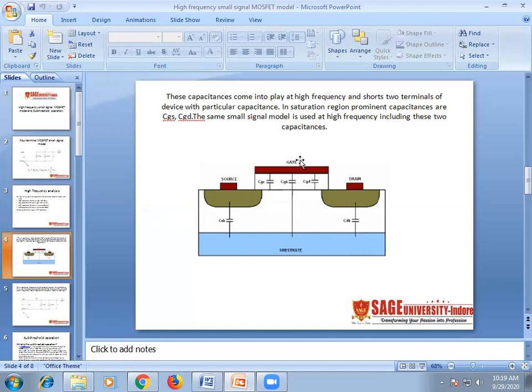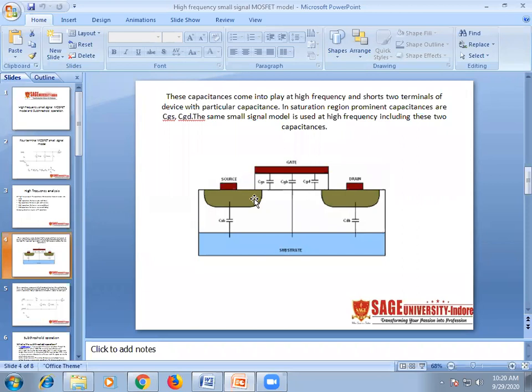Now along with that, we have a capacitance which is offered by gate and drain, also gate and source. So the capacitance being offered at the drain and gate side, that is this gate terminal and this drain terminal, is denoted by CGD. The capacitance which is offered by gate and source is defined as CGS.